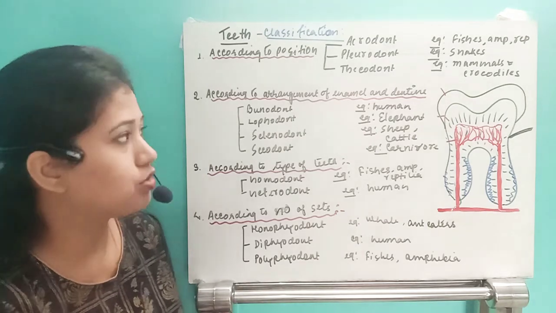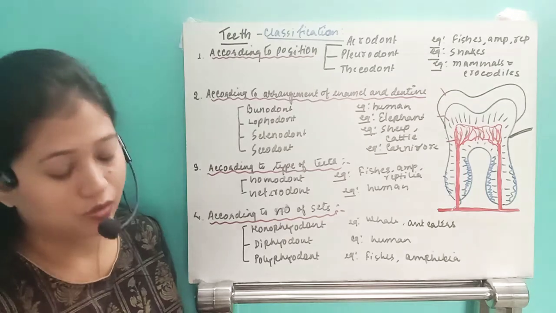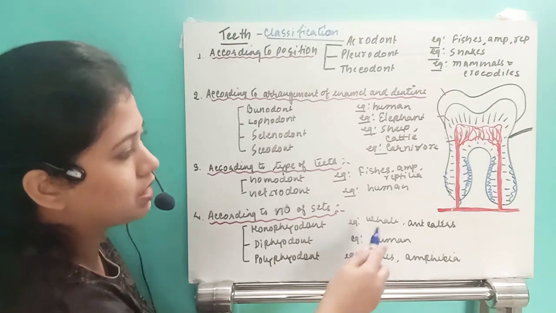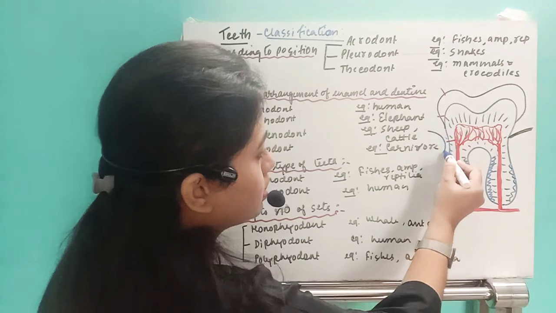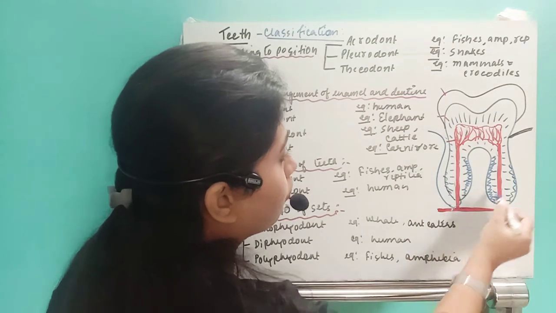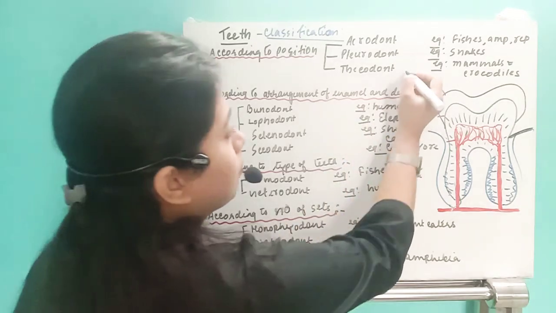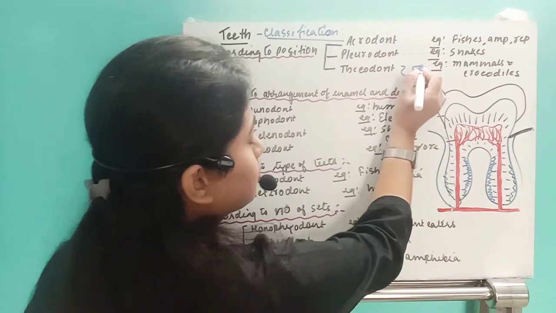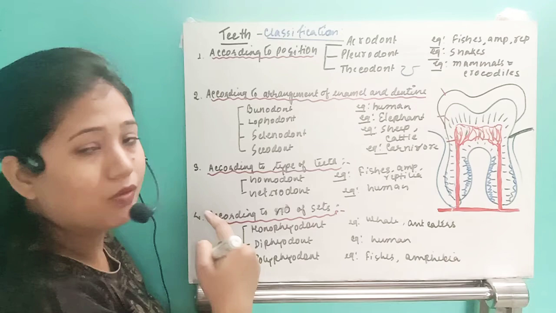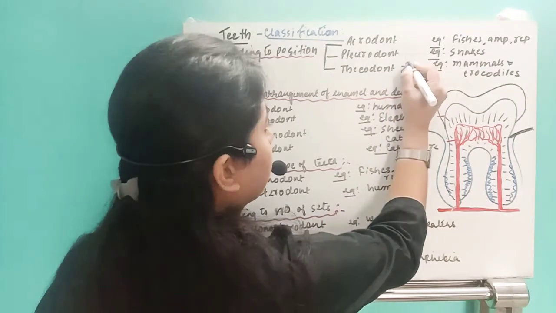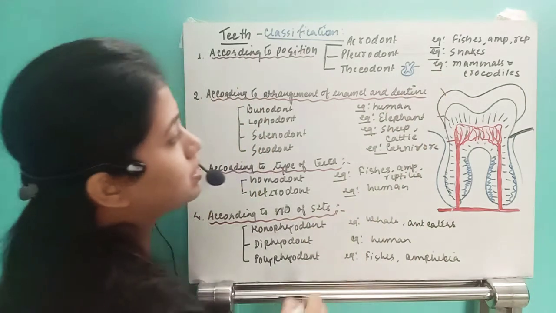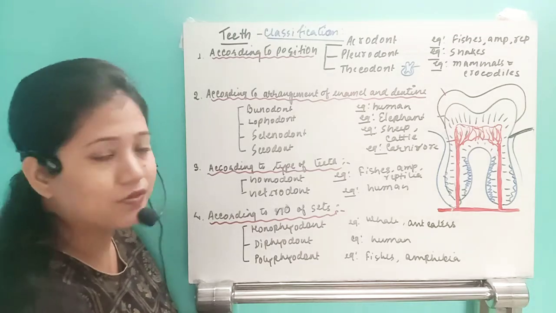Acrodont, pleurodont, and the last one is thecodont. Now in the case of human teeth, it is embedded inside the socket, okay? So our teeth have sockets in our jaws, and the teeth are embedded here. That type of teeth is called the thecodont type of teeth.